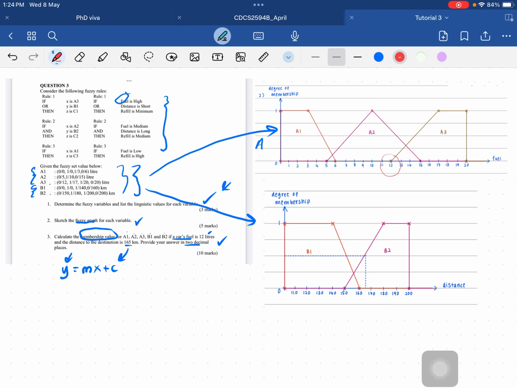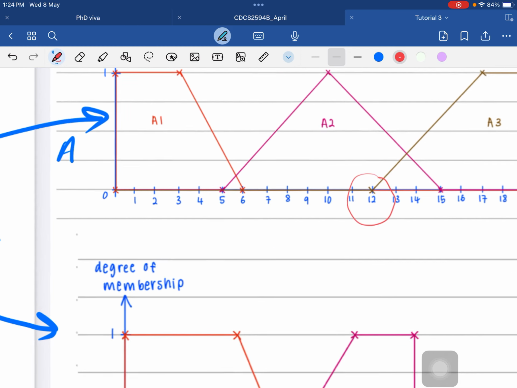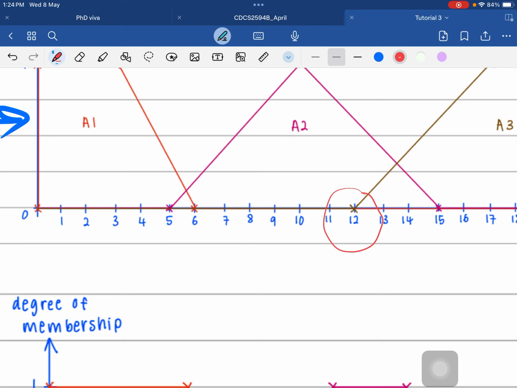And then where does it fall in the A1 graph? So if you can see the A1 graph, it is something like this. See? So meaning that in your A1 graph, 12 will fall at 0 membership value here. 12 will fall at 0 membership value.